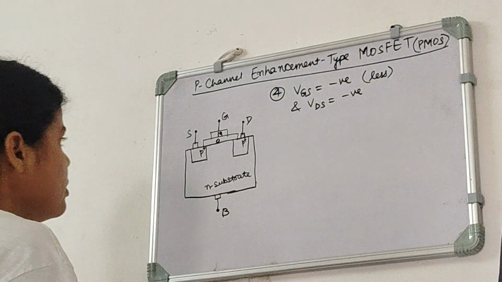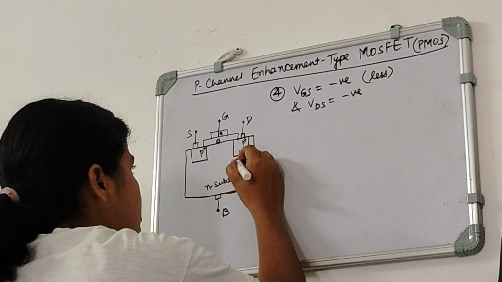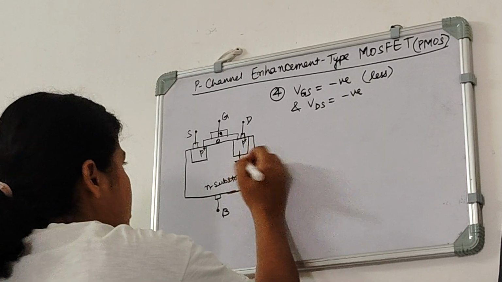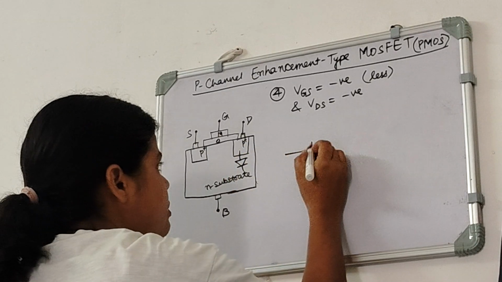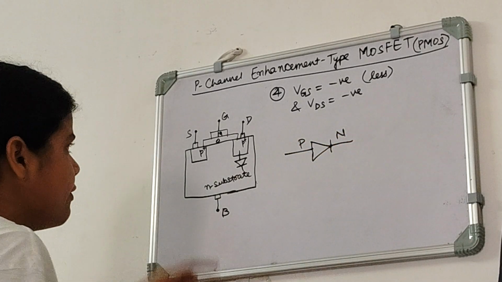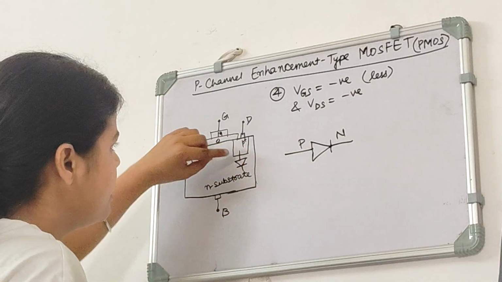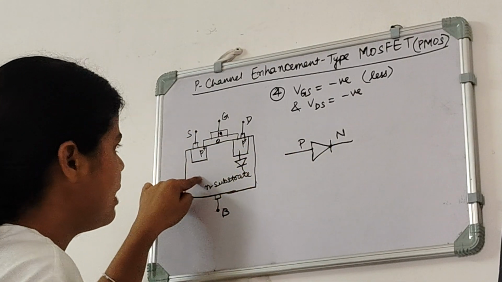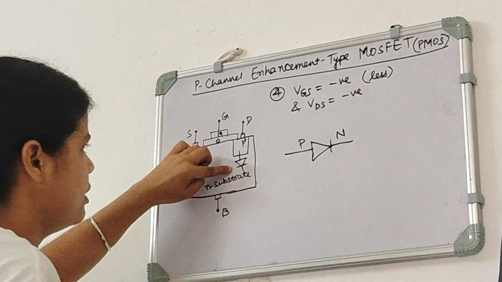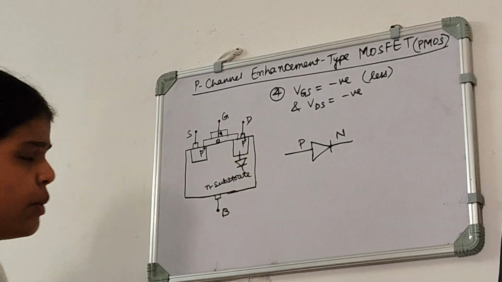Because if we imagine a diode here, in our diode this is the P side and this is the N side. Since our drain is of P type material, the P side will be here, and our substrate is of N type material, so the N side will be here. So our diode will be here. This is an imaginary diode.